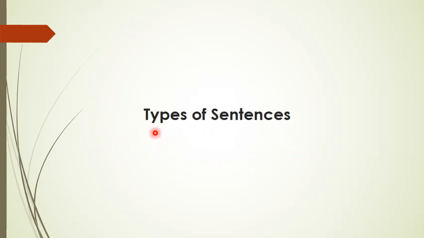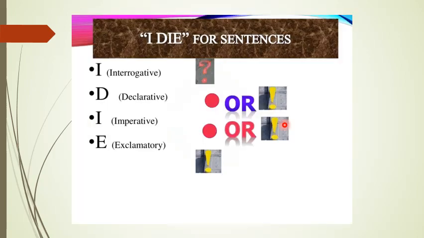Okay, if somebody asks you what are the types of sentences, what will be your answer? You would be telling them type 1, 2, 3, 4. But if somebody would ask me, your teacher, what are the types of sentences, I would tell them, "I die for sentences."